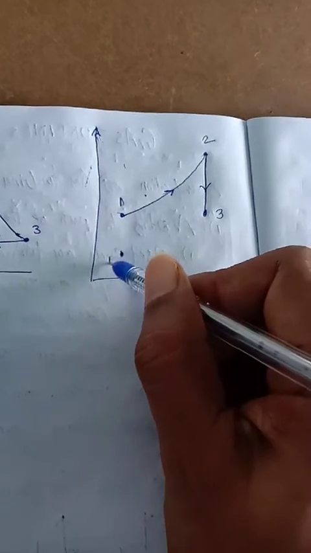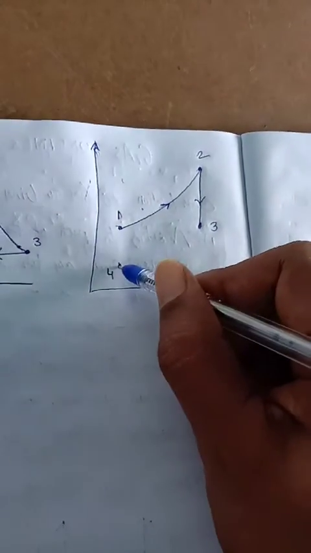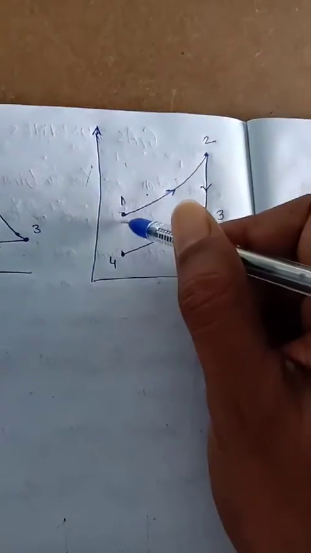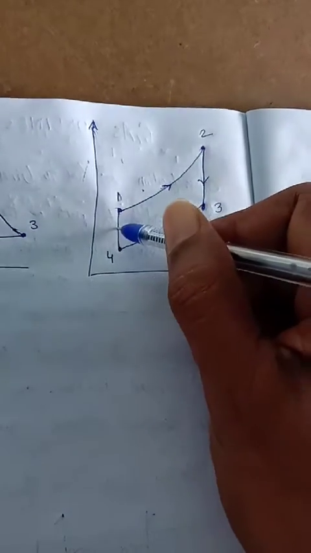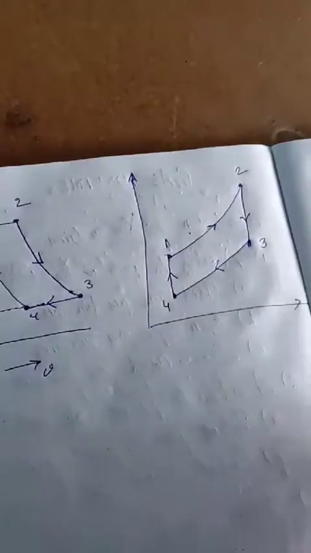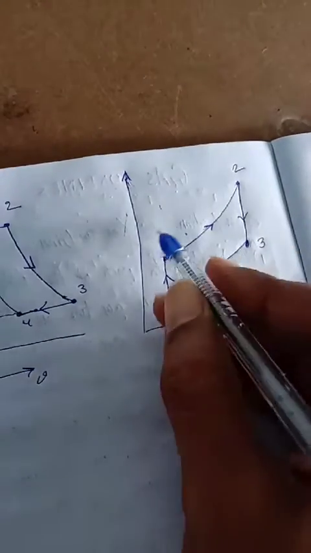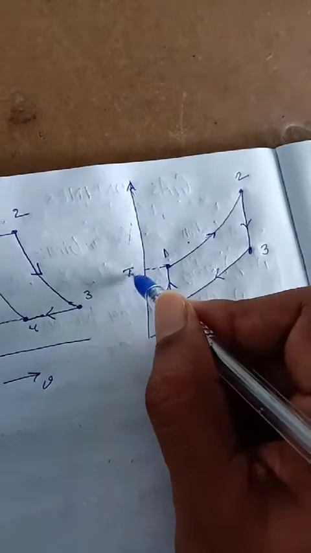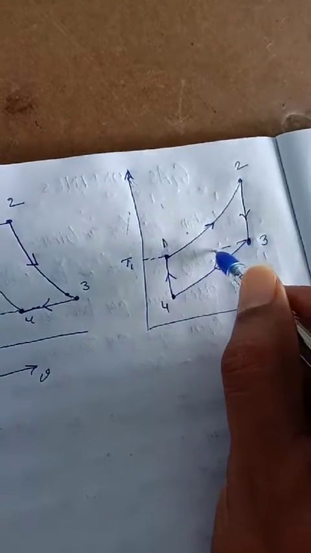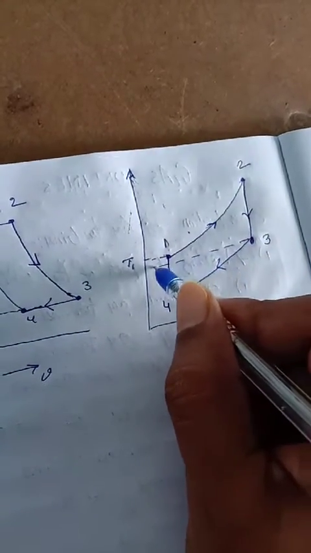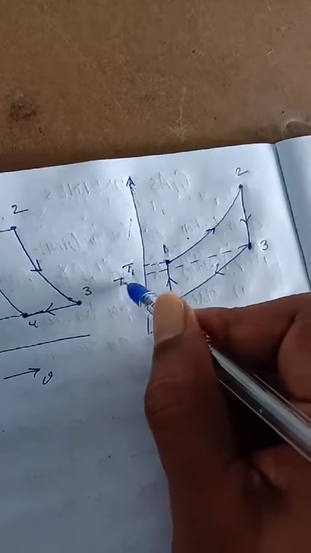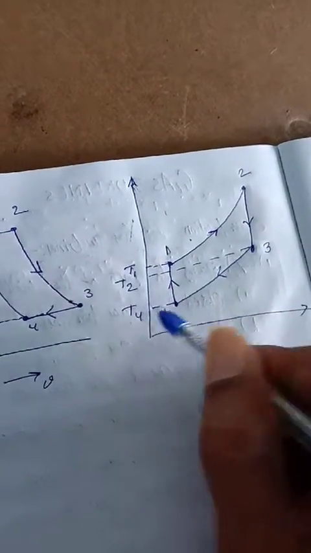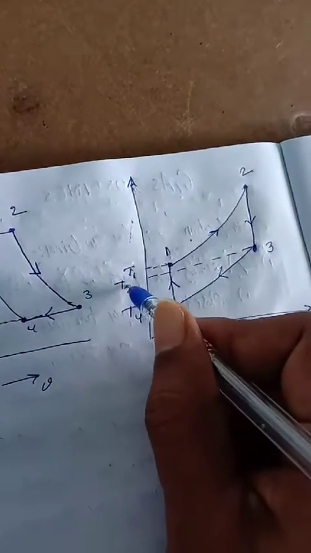Then I put 4 here. The process goes 3 to 4 and then 4 to 1. Now we see the temperatures: this is T1, this is called T2, this is called T4, and this is called T3.